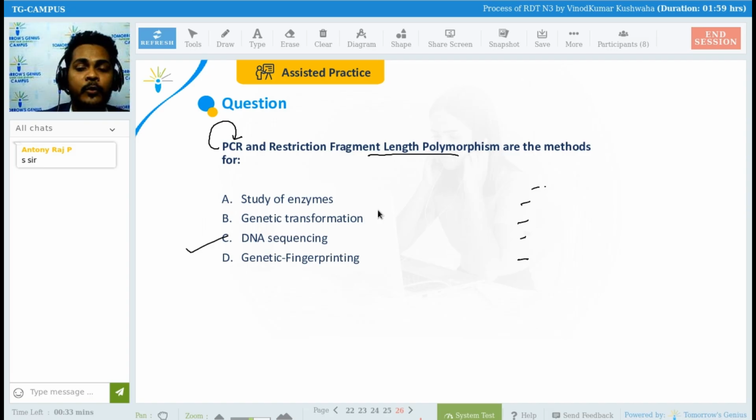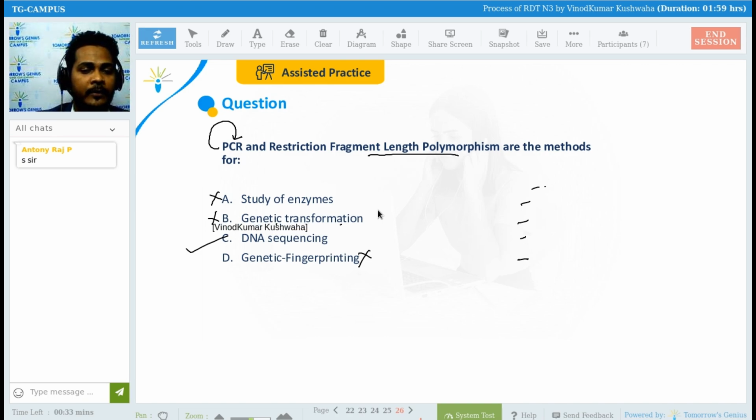This is talking about the method. It is not talking about the use of PCR, and that's why this is the wrong statement. Study of enzymes cannot be possible in this case. And genetic transformation means what? Are we transferring genetic information from one segment to another? No, we are just multiplying the number using PCR.